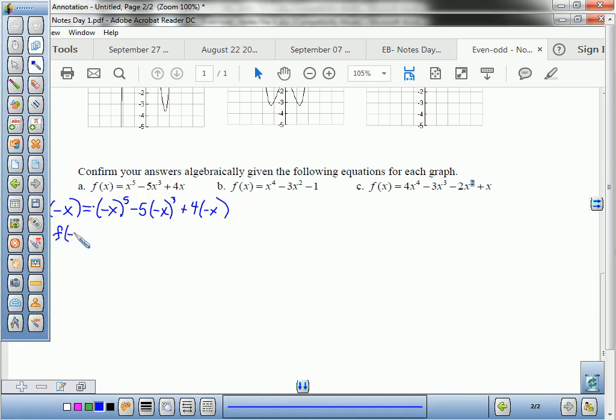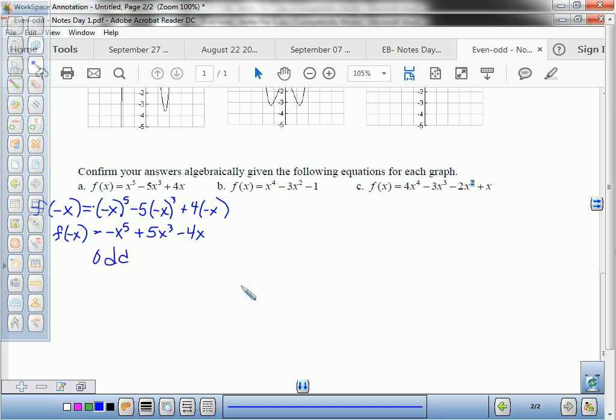So in this case, f of negative x, this is going to become negative x to the fifth. A negative times a negative is going to be a positive 5x to the third. And a negative times a positive is a negative 4x. Let's check out every single term. Opposite, opposite, opposite. Odd, even, or neither? Odd. This function has odd symmetry.